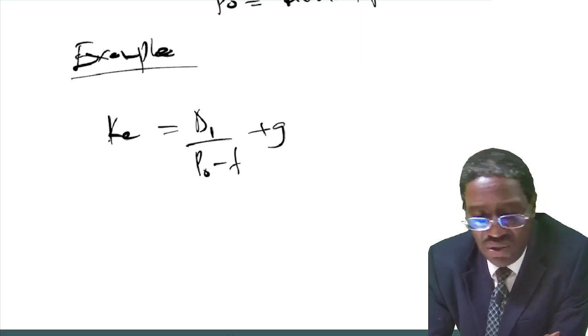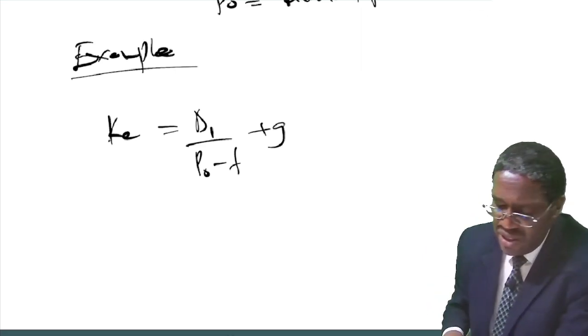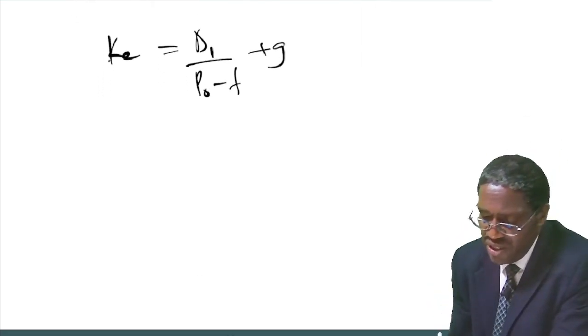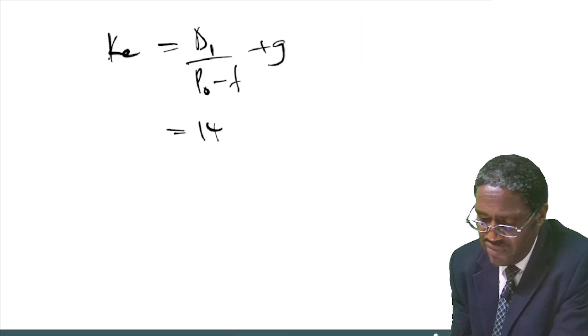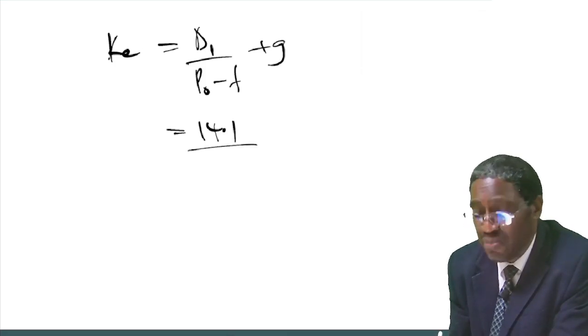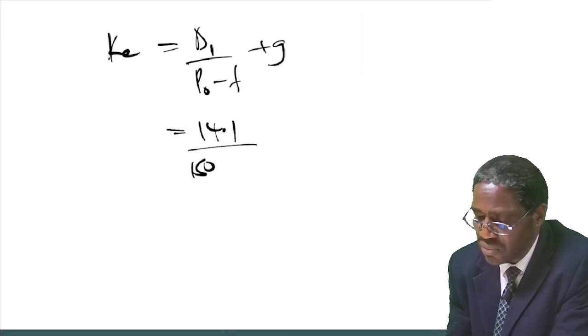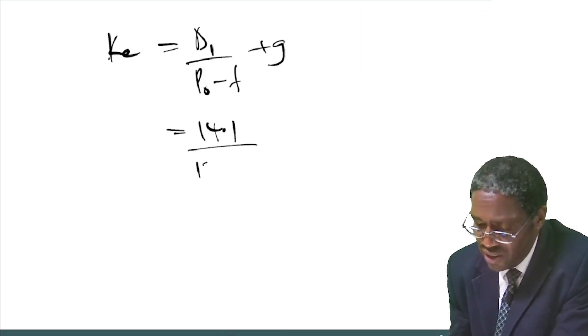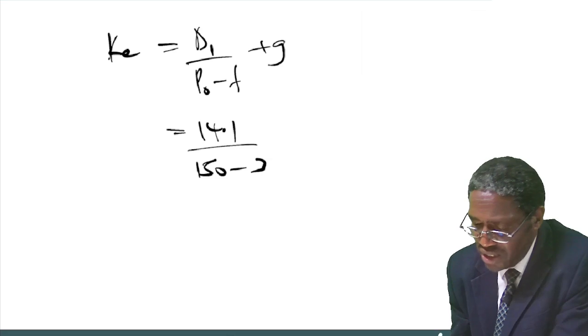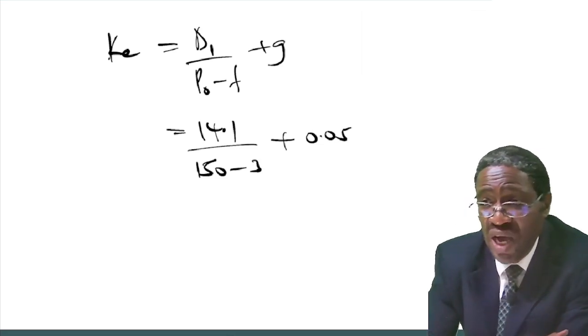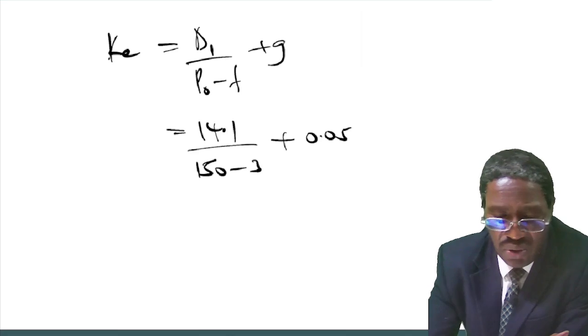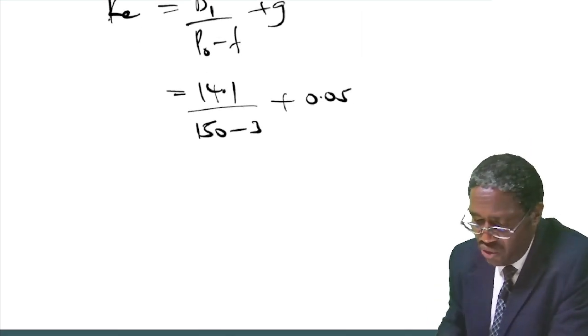Okay, good. Let's feed in the figures. We expect a dividend of 14.1. We take the market price, which is 150, minus the flotation cost, which is 3, plus the growth rate, which is 5%, or 0.05.